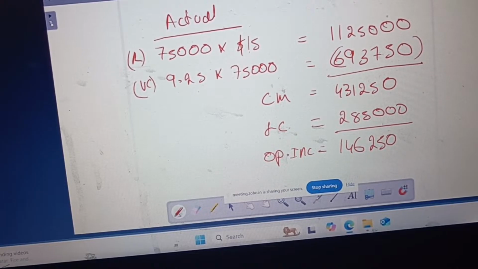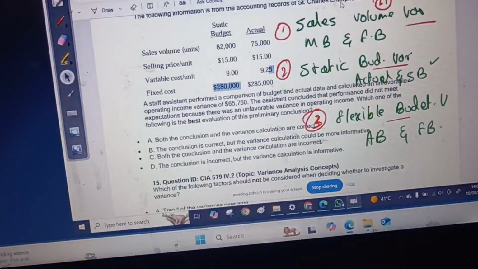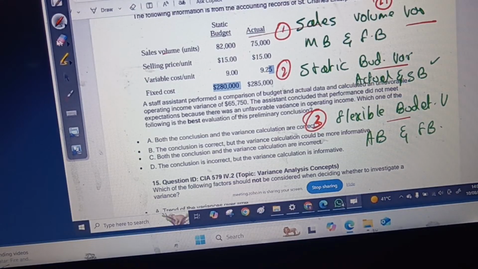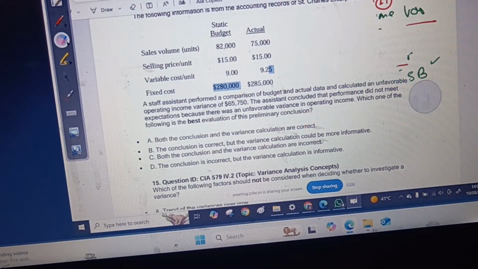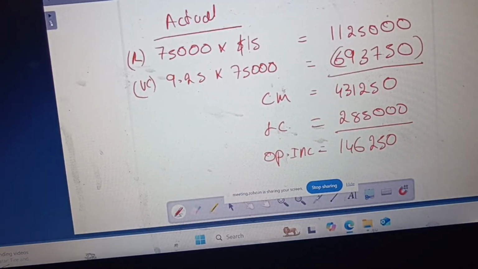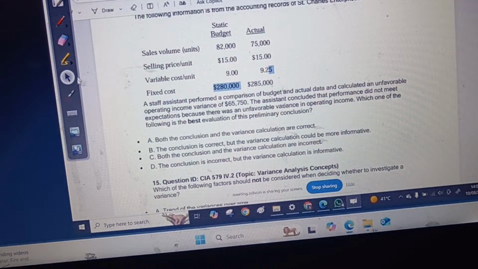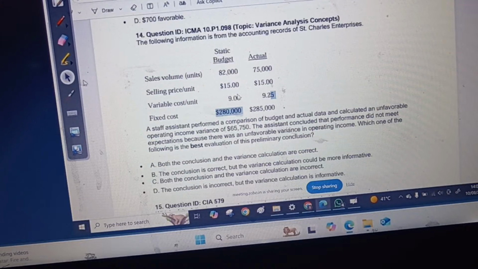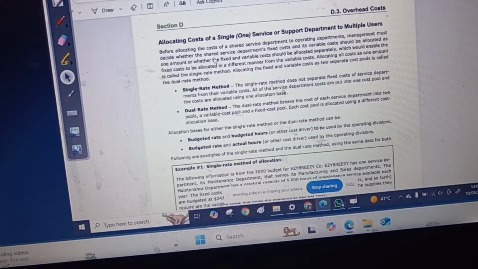Okay, that's it. Now coming to the level 3 variances, or we can call it manufacturing input variances. We can go to Horngren material.